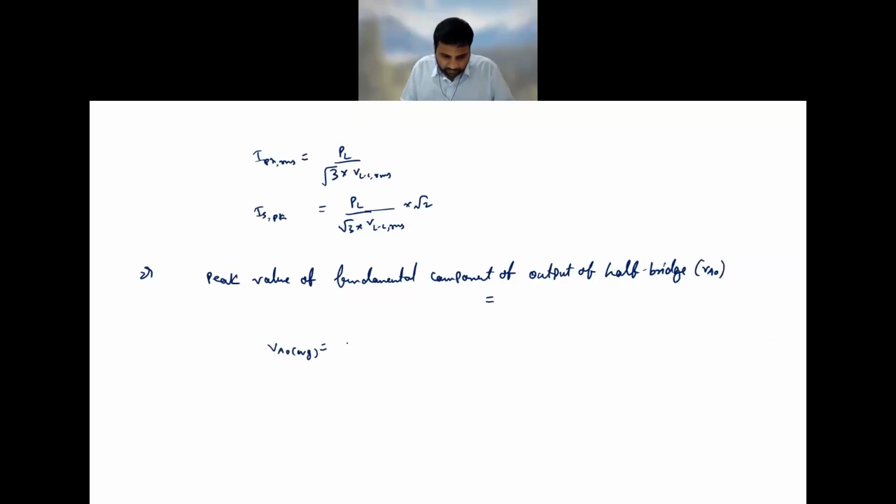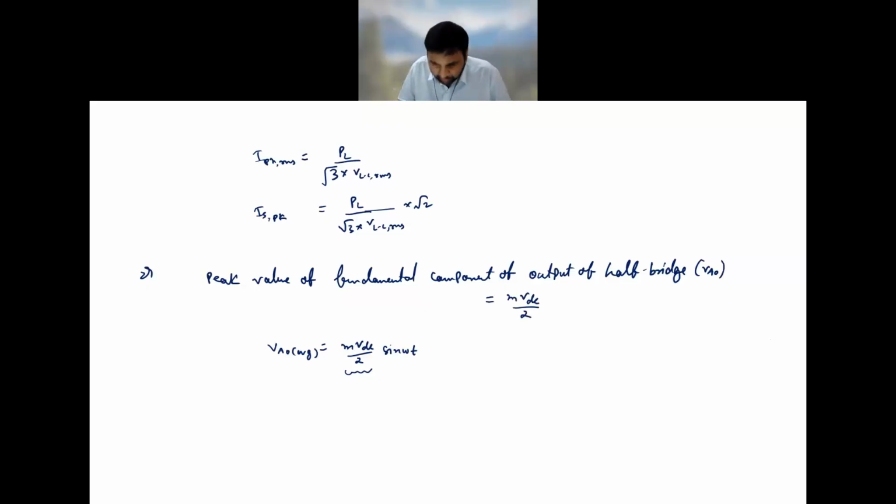It is M VDC by 2 sine omega t. That is what we have obtained. So what it indicates is that the peak of the fundamental component of the output pole voltage of the half bridge is nothing but M VDC by 2.